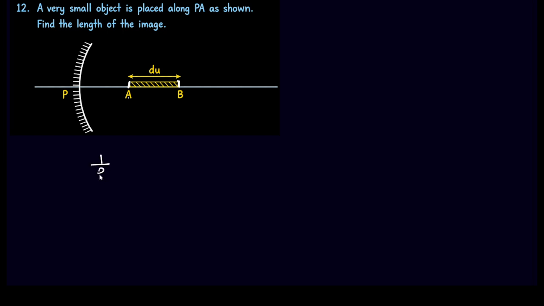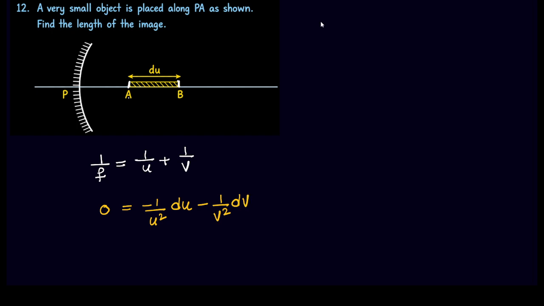1 by f is equal to 1 by u plus 1 by v. Now I am differentiating both sides. F is the focal length, which is constant, so its derivative is 0, and this is equal to, u is variable, so minus 1 by u square into du minus 1 by v square into dv.